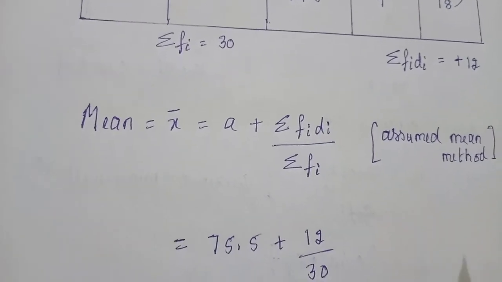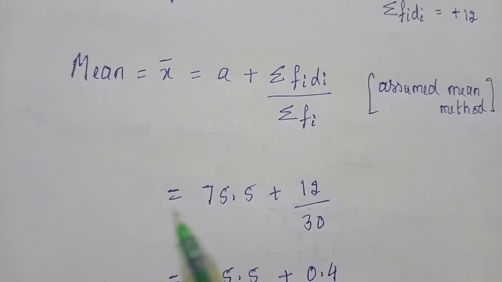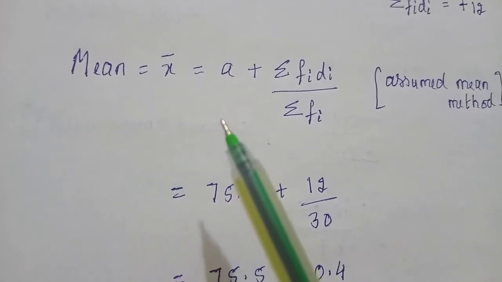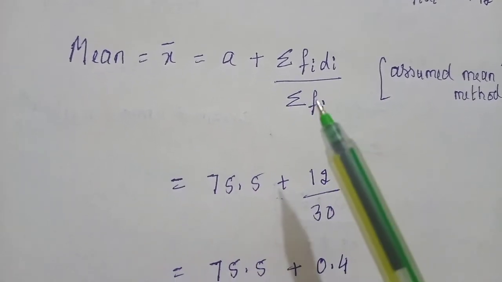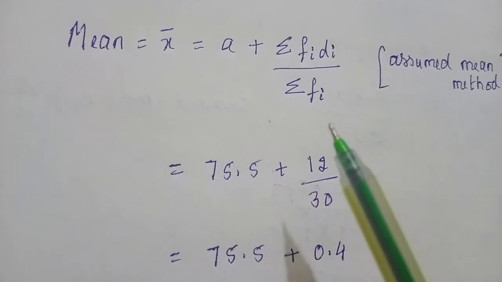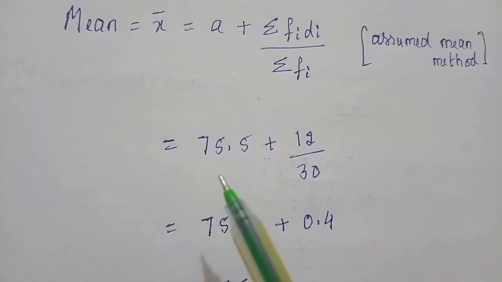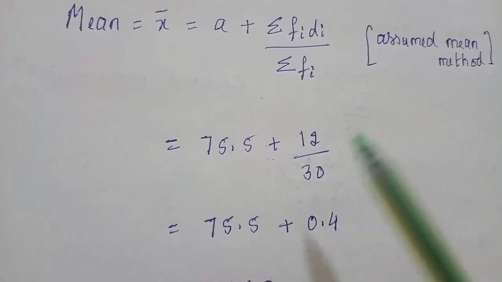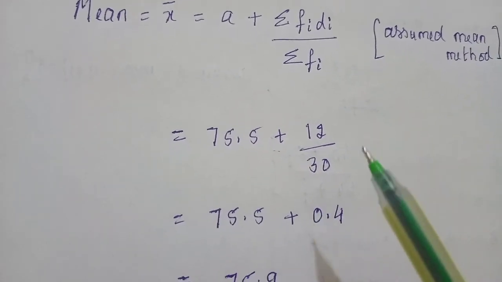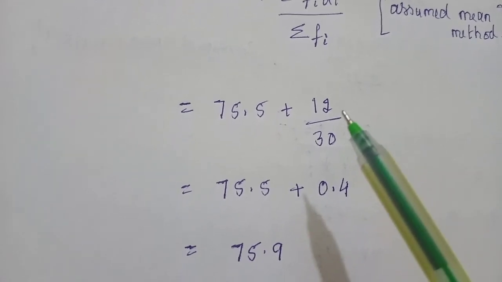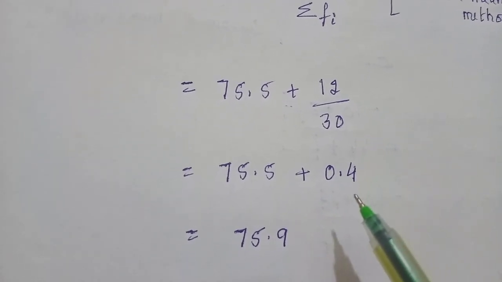Now let us take the formula of the assumed mean method. Mean, x bar, equals A plus summation of Fi Di divided by summation of Fi. Now what is A? 75.5 plus summation Fi Di is 12 divided by 30. 12 divided by 30 is 0.4.